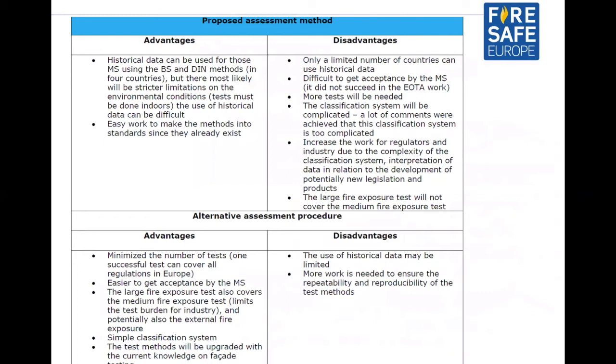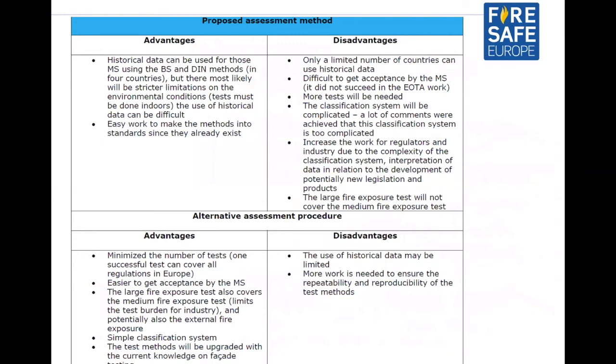We also think that more tests will be necessary, since it is not possible to cover both these methods within one system. So if you're doing tests with a large fire exposure, it does not cover the medium fire exposure. So that will make it that you have to do more tests.